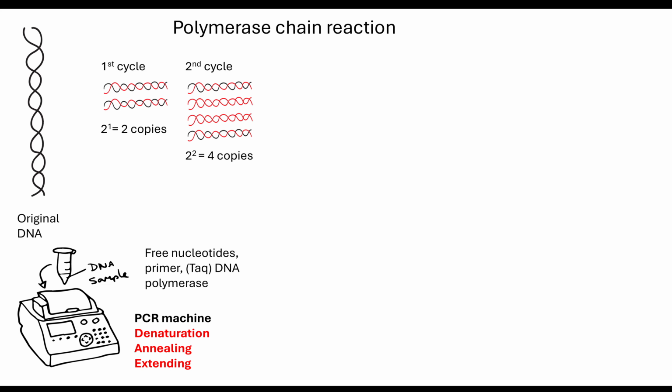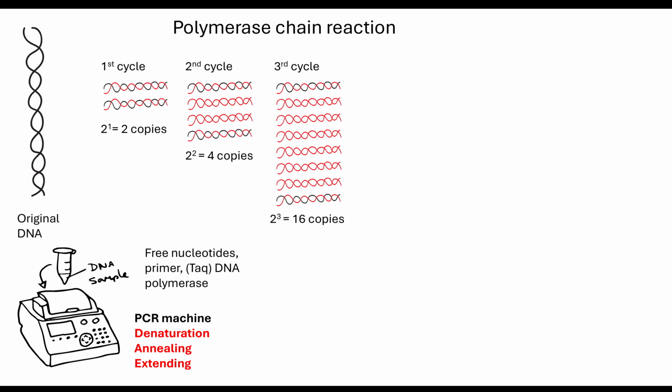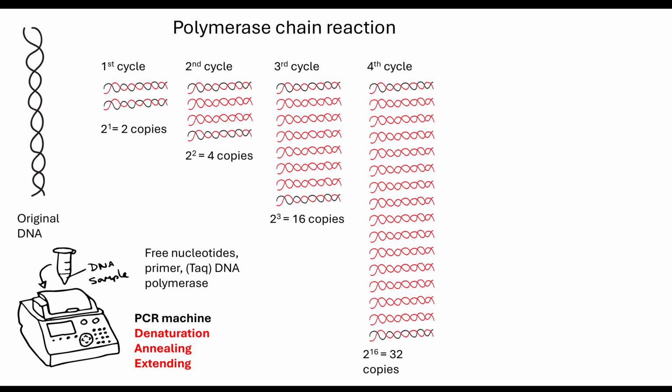Now if we go through a second cycle, we're obviously going to end up with 4 copies. If we go through a third cycle, we're going to end up with 16 copies. And if we go through a fourth cycle, we're going to end up with 32 copies. Therefore, what we have to understand is that we are always looking at how many cycles it is going through.